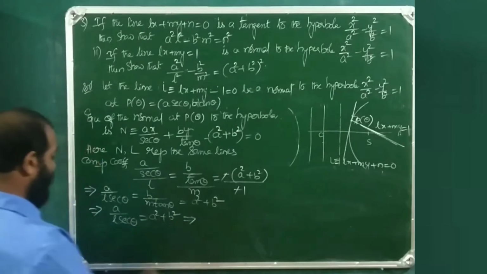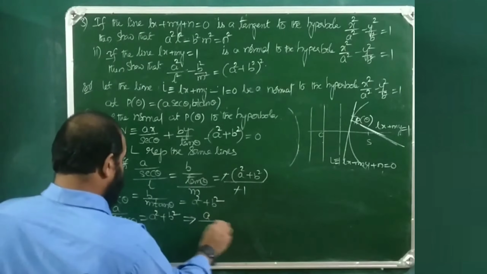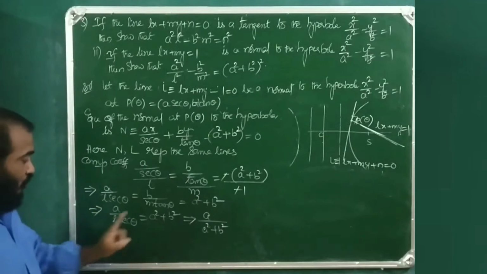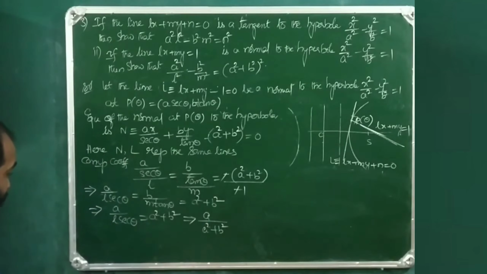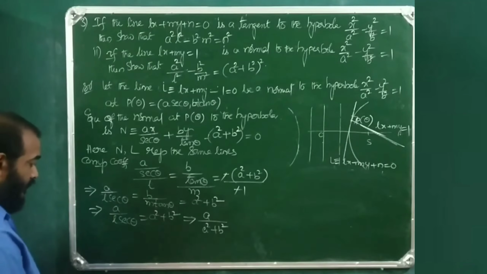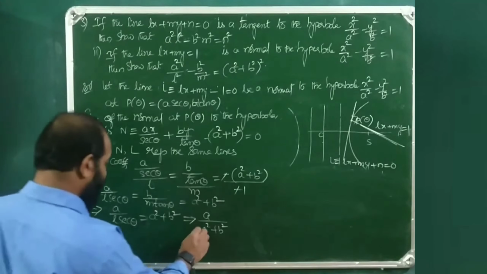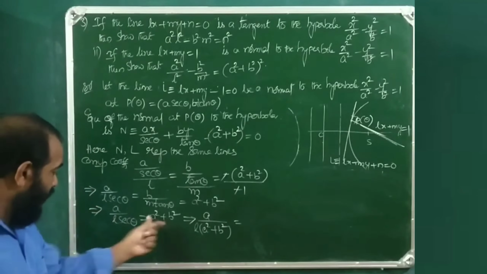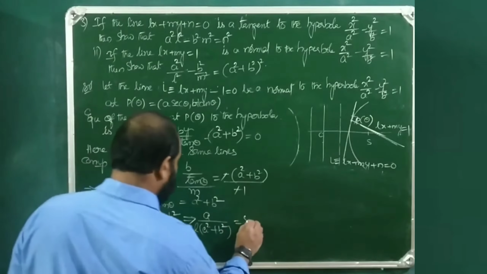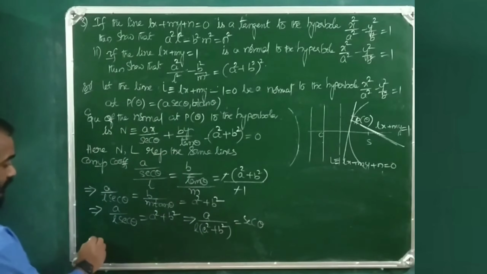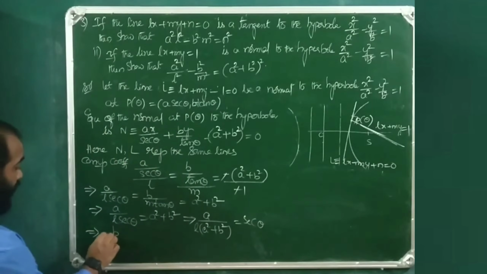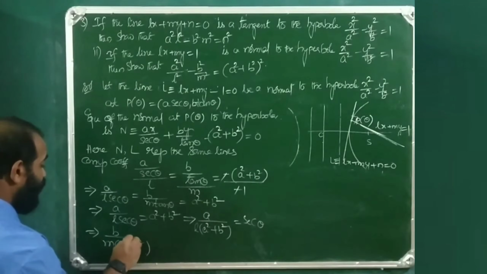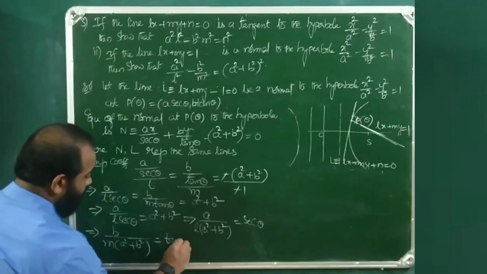From this, a by (a square plus b square) into L is equal to secant theta. Similarly, b by m into (a square plus b square) is equal to tan theta.